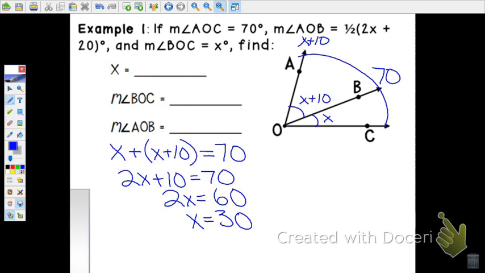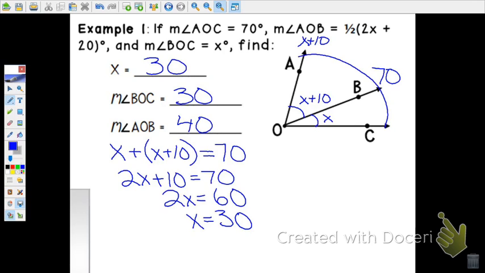So we found x equal to 30. Then I need to find angle BOC. Angle BOC is x, so it is 30. Angle AOB is x plus 10, so 30 plus 10 is 40.